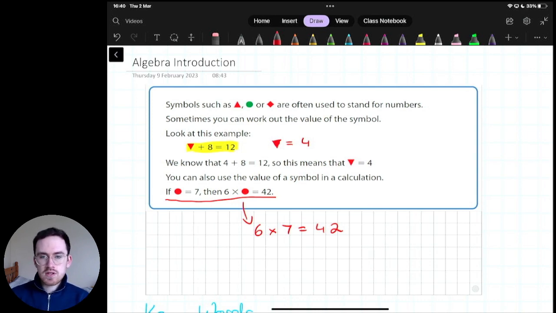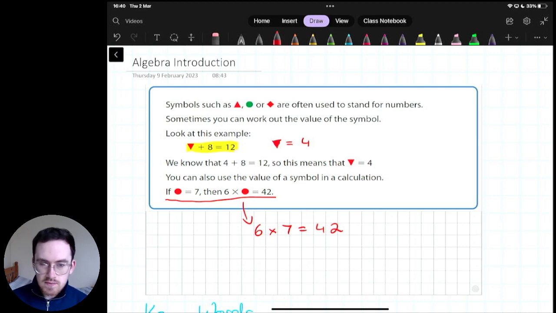But these sort of sums that you have seen before and that you would be able to do, those are the most basic form of algebra. So just remember that if we're getting confused or if we're not sure what's happening, come back to these sort of questions. Remember that any of the letters we look at is the same as any of these shapes that we're seeing here. So each letter or each shape or each symbol stands for a number.